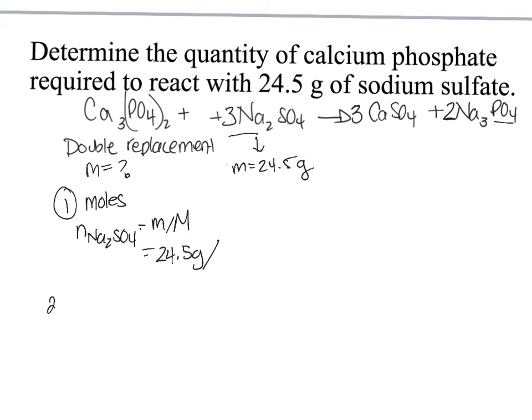So sodium is 22.99 times 2. Sulfur is 32.07, and oxygen is 4. So I get 142.05.